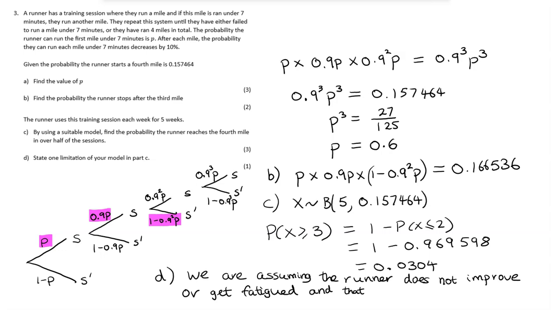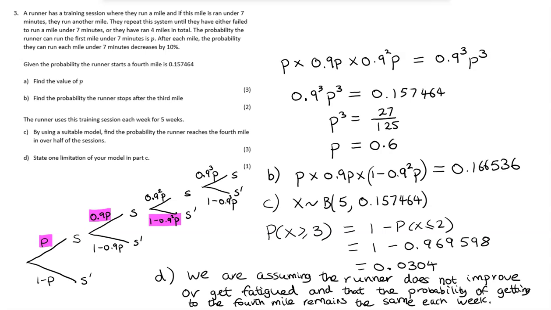You could just say one of those 2 points in the exam. And that the probability of getting to the 4th mile remains the same each week. Okay, and that will do it.